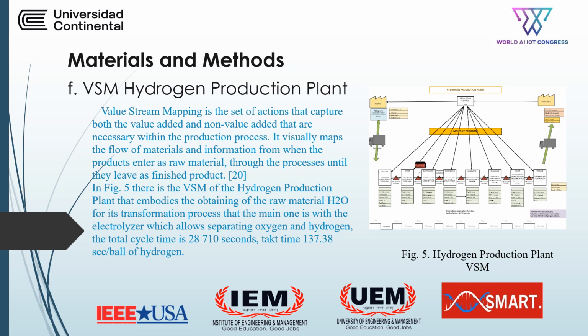The first and the second are sequential plans that obtain the raw material, and the transformation process is made with the electrolyzer, which allows separating oxygen and hydrogen, with the total cycle time.